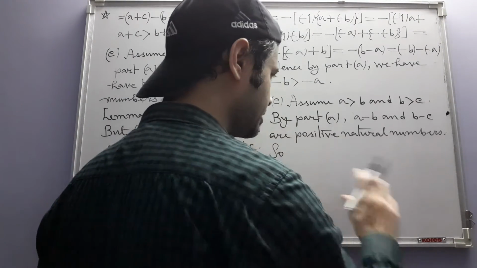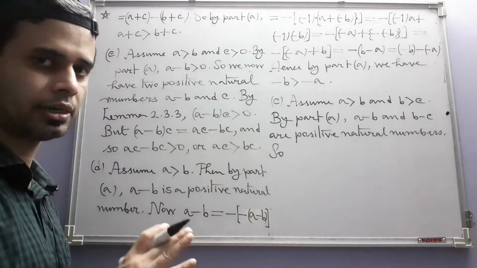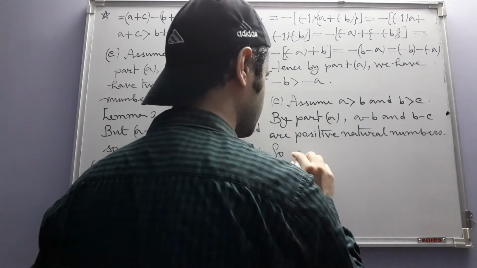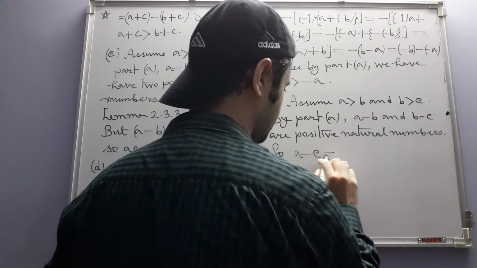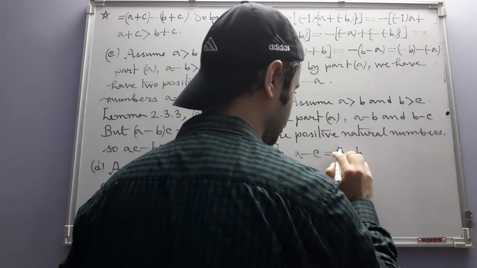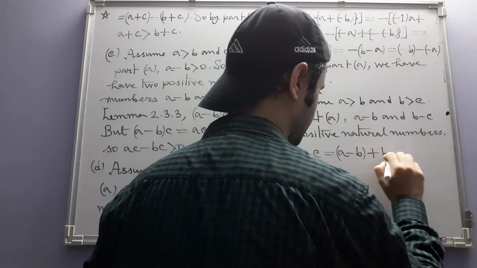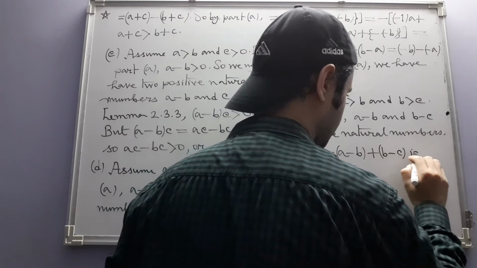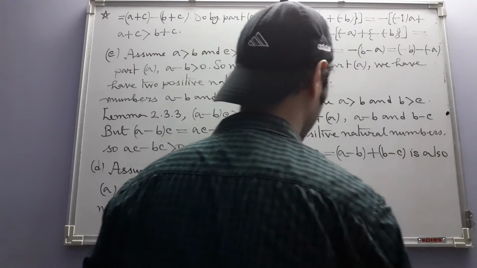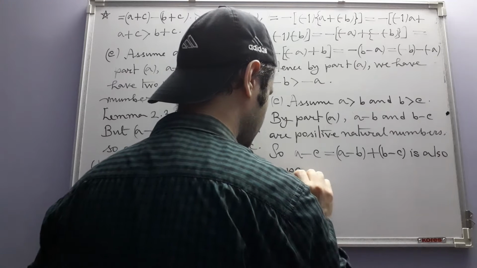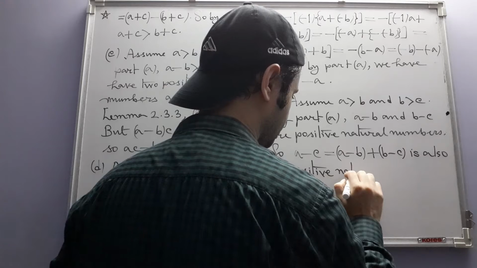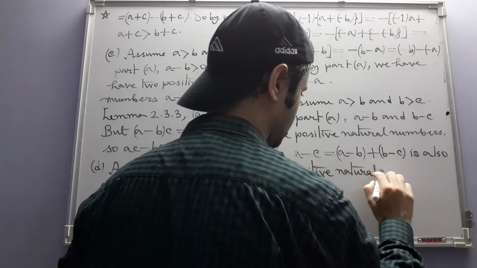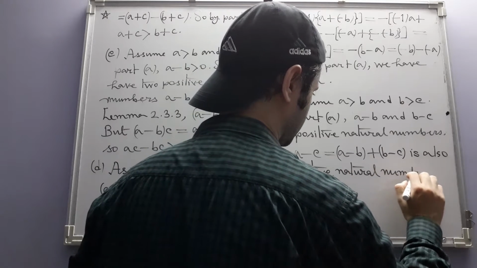So by which result, I don't remember that number exactly. So A minus C, which is equal to A minus B plus B minus C, is also a positive natural number.